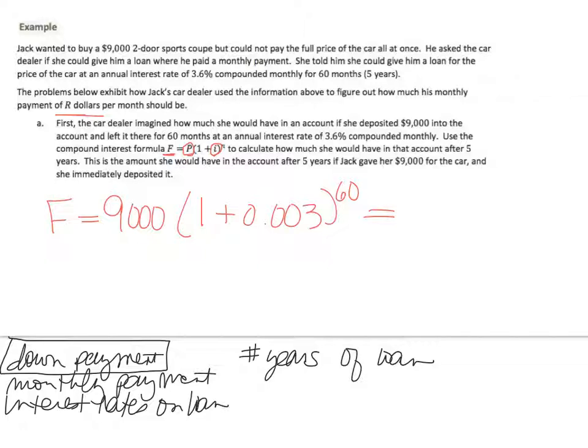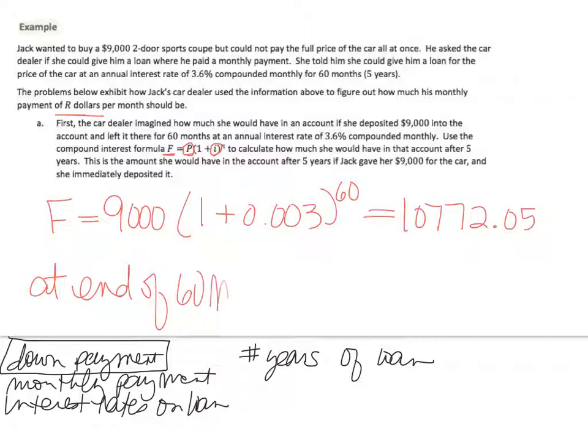If I go ahead and crunch those numbers, I would get $10,772.05. So at the end of 60 months, that is how much money is in her account. Not too bad, not too awesome, but not too bad.